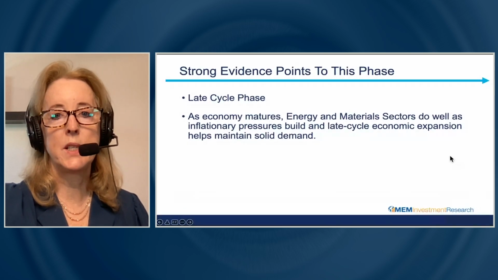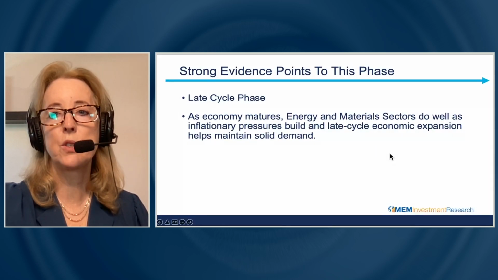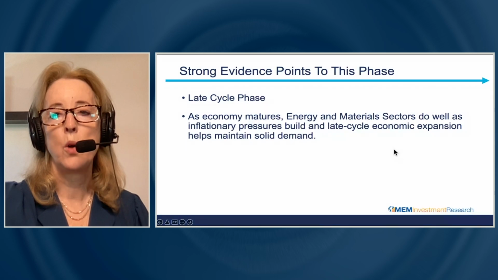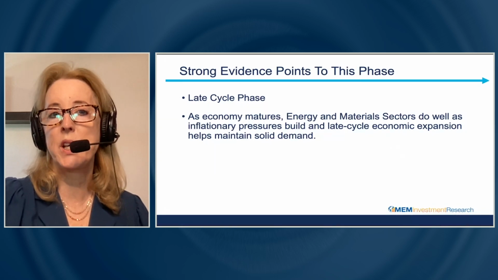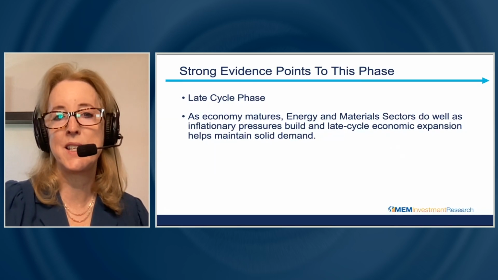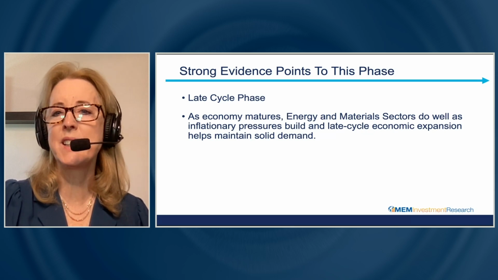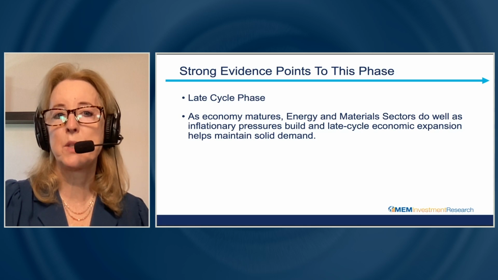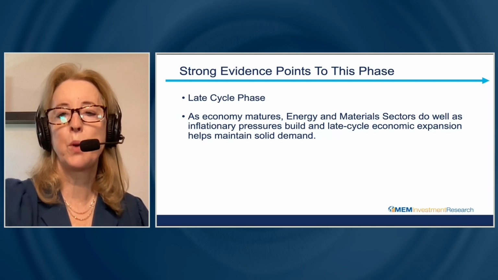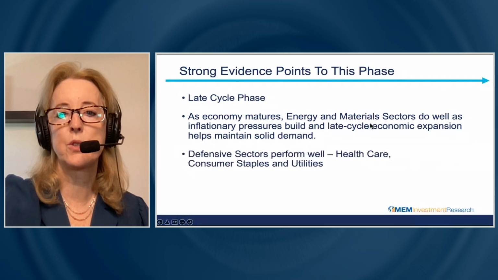What will occur is that energy and material sectors will do well. What takes place during this late cycle phase is inflationary pressures build, and late cycle economic expansion does help maintain solid demand, but it is going to be primarily for these energy and material sectors.